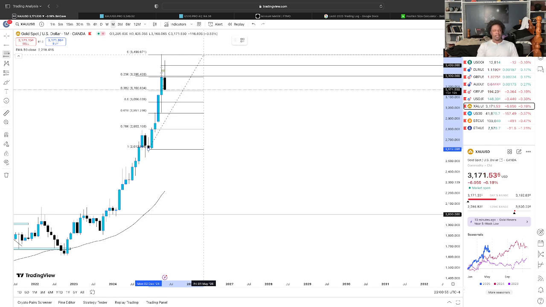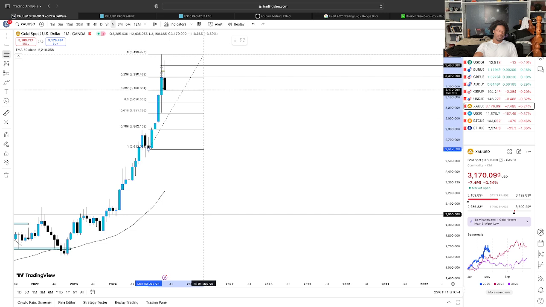On a monthly time frame, price action has fallen to a 38.2% retracement, creating a bearish candle with an upper wick.